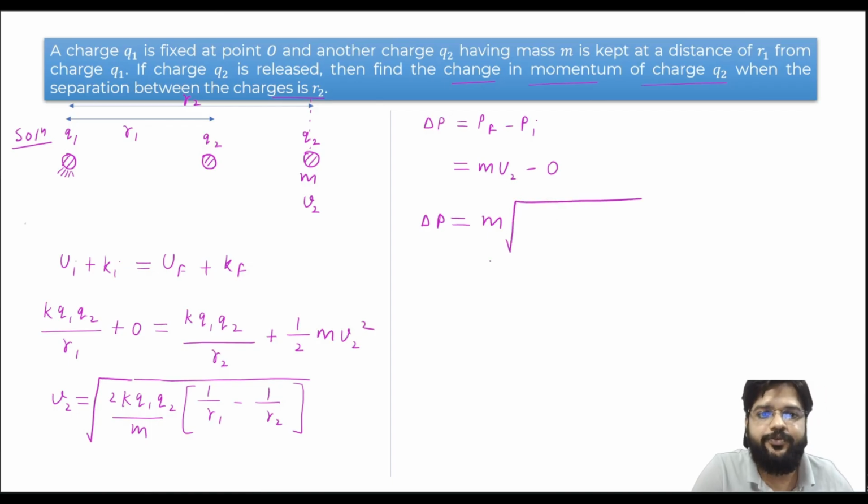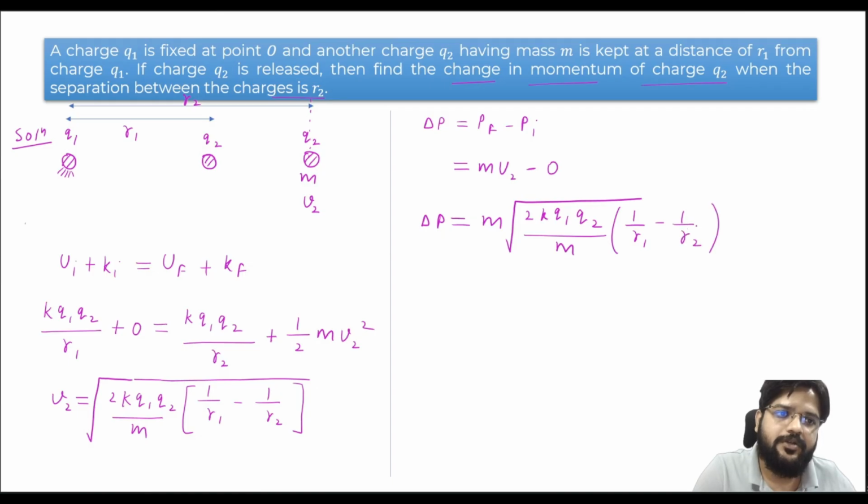So if you multiply this V2 with the mass, then you will get the change in momentum. So finally we have m under root 2K Q1 Q2 by m (1 by R1 minus 1 by R2). This is the change in momentum, everyone. So note down.